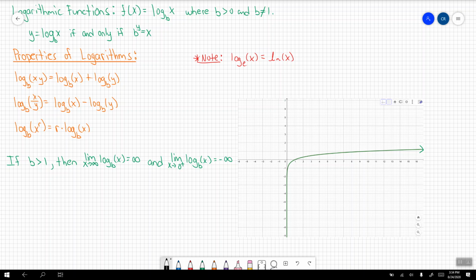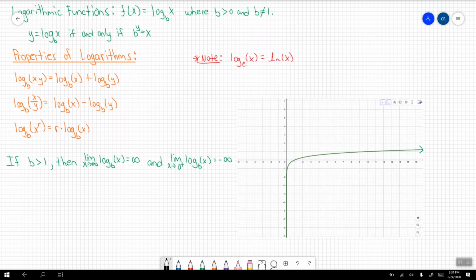As we keep proceeding through this, as these x values get larger, these y values continue to grow without bound. In other words, there is no horizontal asymptote that this function will be capped off at. It's increasing without bound, therefore that limit will then be infinity. All right, not looking too bad.